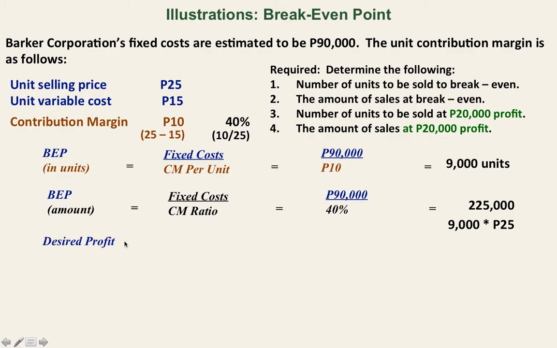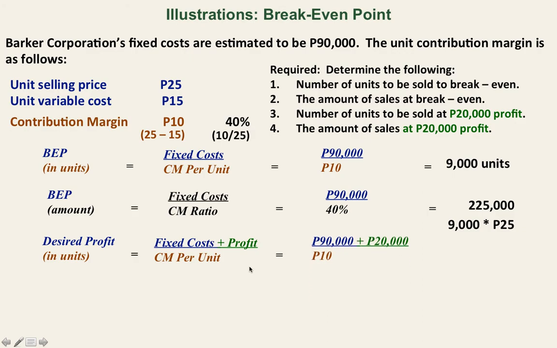And for the desired profit in units, you have a desired profit of 20,000. So fixed cost plus profit of 20,000 over contribution margin will give you 11,000 units.